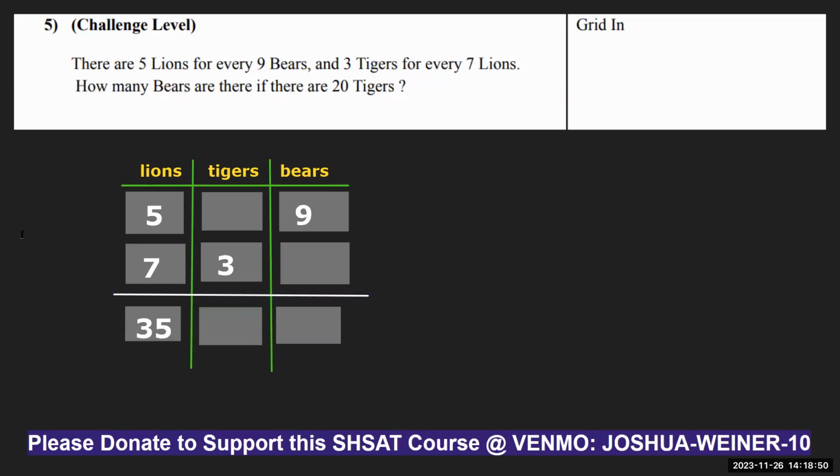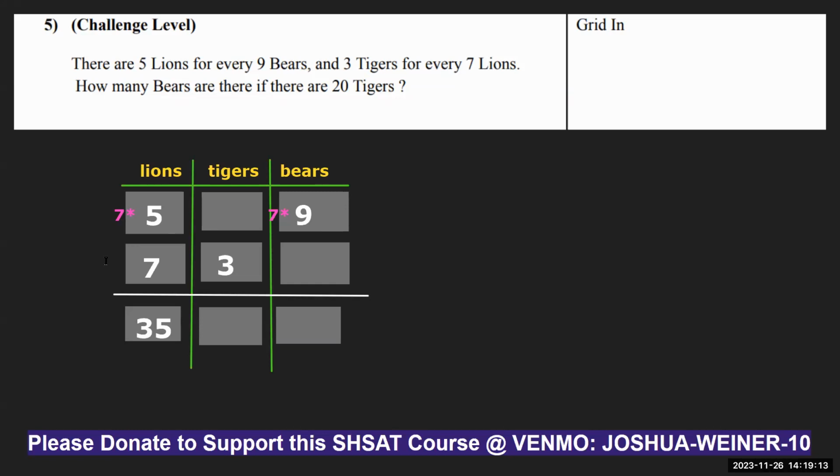But to make 35, be careful, you have to do times 7 for the first row. So lions times 7, but also since it's a ratio, we have to do bears times 7, because for every 5 lions there are 9 bears, meaning for every 35 lions there are 63 bears.